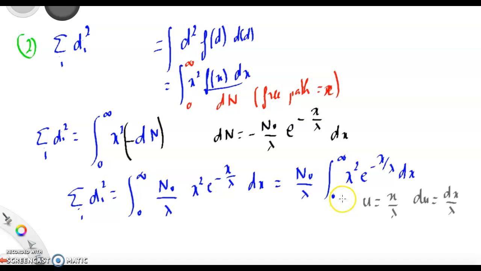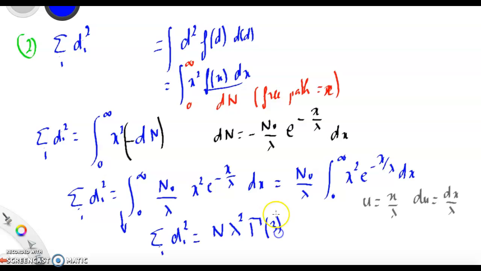And what you get basically is that after you do a number of steps, you're going to find that the sum of di squared is simply equal to n0 lambda squared times the gamma function of 3, which is basically the factorial of 2, and that's basically 2n lambda squared.